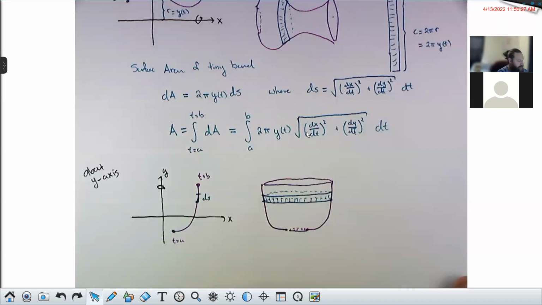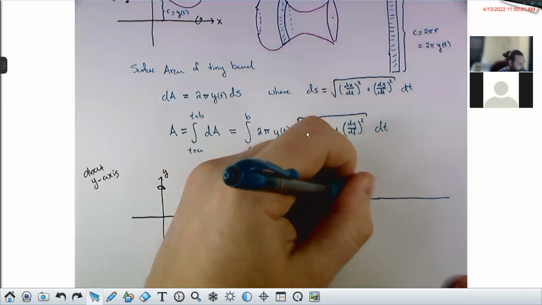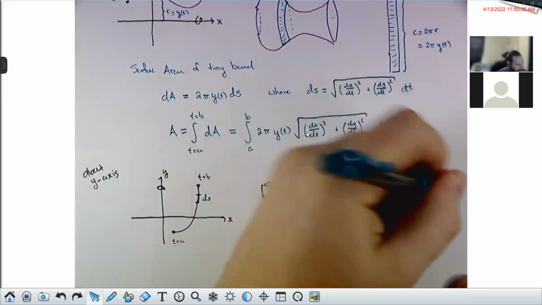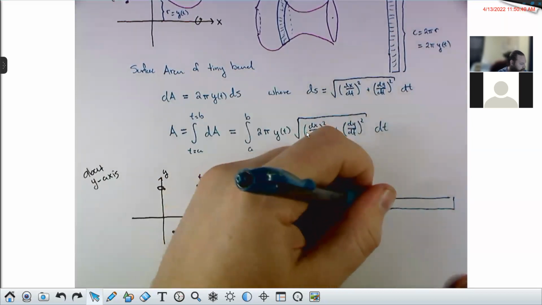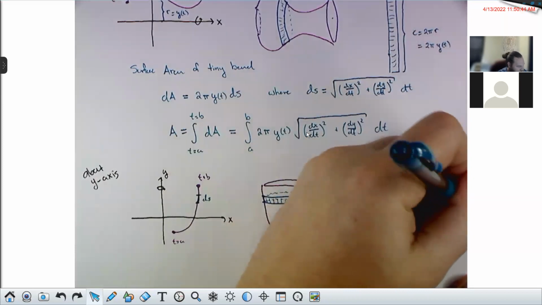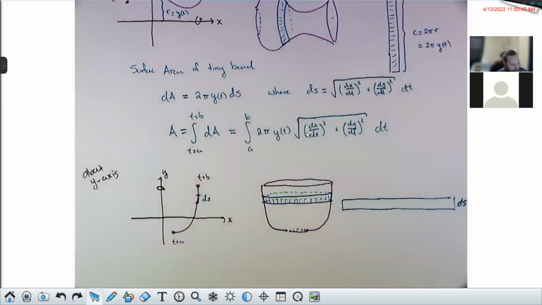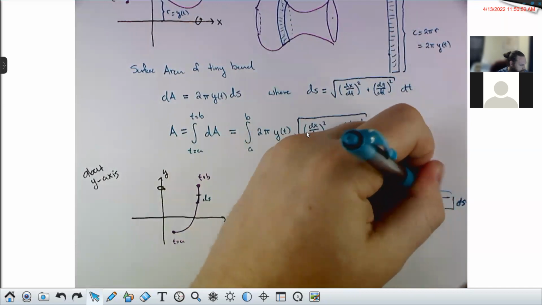Same deal, we're going to kind of unroll the band. The small dimension here is ds, and the long dimension here is the circumference of the band.